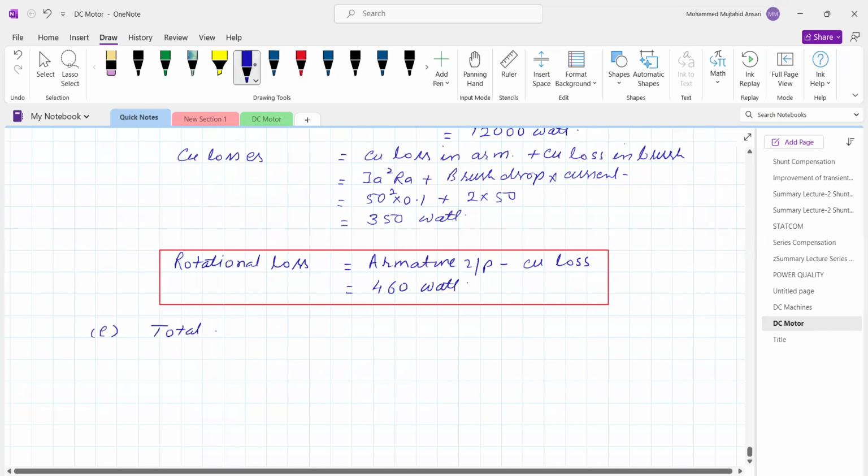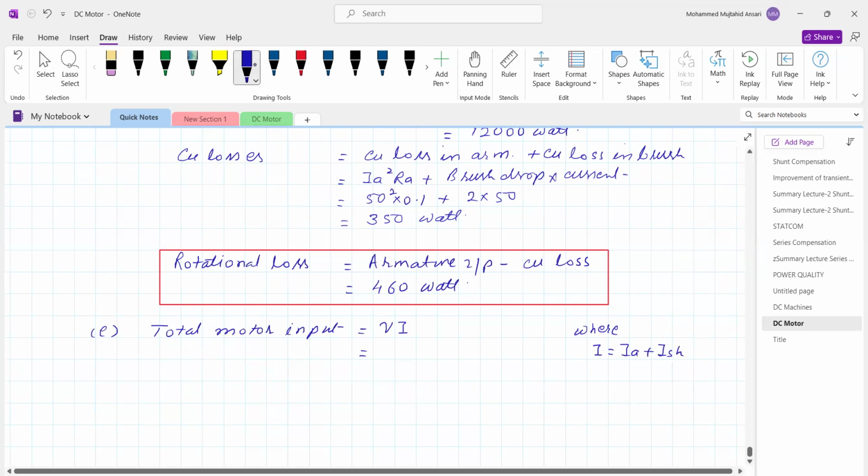Total motor input equals V into I, where I is equal to IA plus ISH as it is a motor.